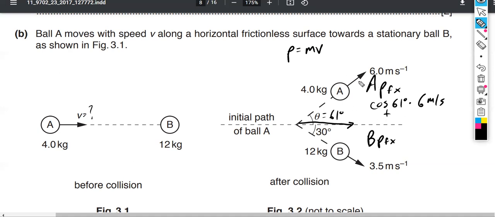So we get a velocity here of 2.9 meters per second multiplied by 4 to get a momentum in the x direction after the collision of 11.64. So this is A x after.